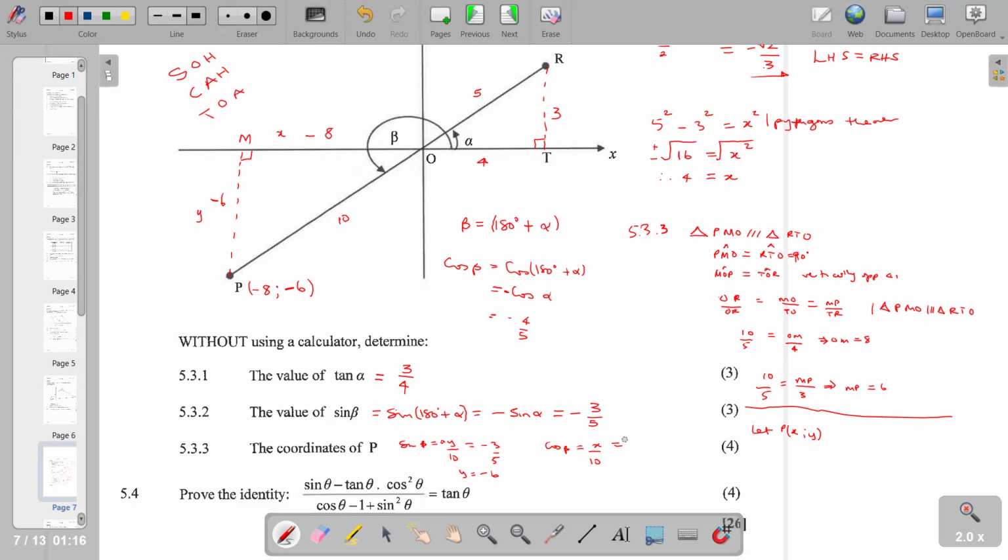So we equate this to negative 4 over 5. Then from there, our x is equal to negative 8. Therefore, eventually our coordinates of P are going to be negative 8, negative 6.